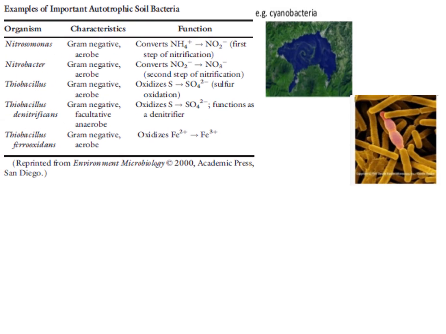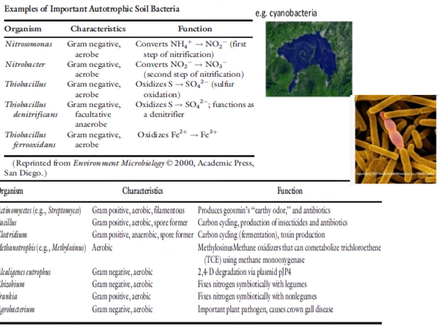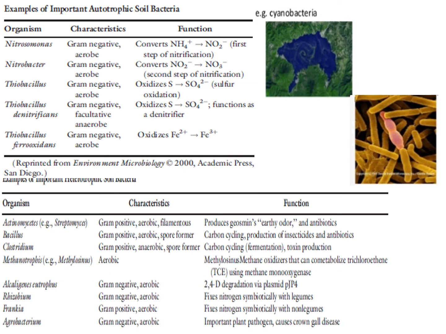Microorganisms may be autotrophic or heterotrophic. Autotrophic soil bacteria are the bacteria that make their food on their own. The first example is Nitrosomonas, a gram-negative aerobic bacteria.